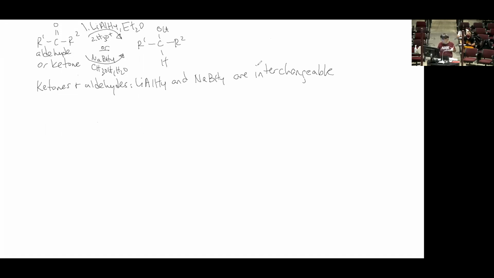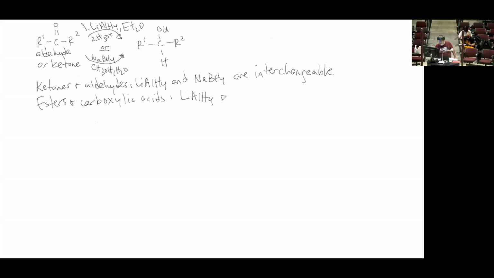For ketones and aldehydes, lithium aluminum hydride and sodium borohydride are interchangeable. Doesn't matter what you use, same result. They will reduce, both of them, a ketone to a secondary alcohol and an aldehyde to a primary alcohol.